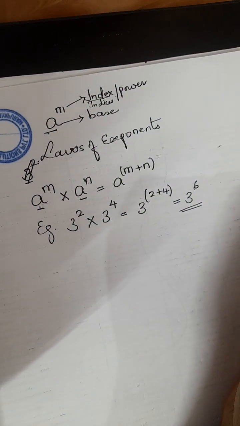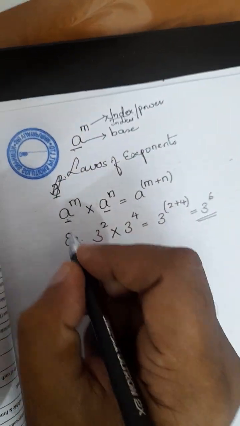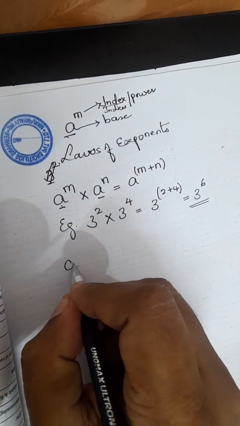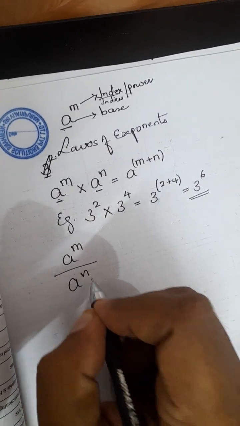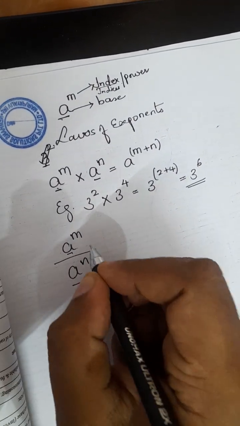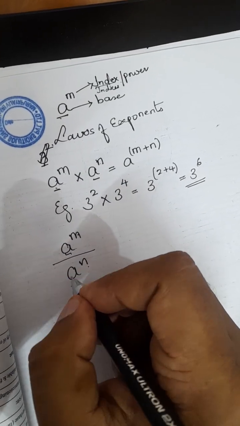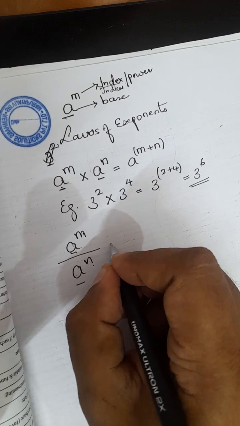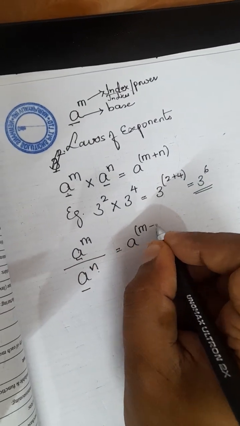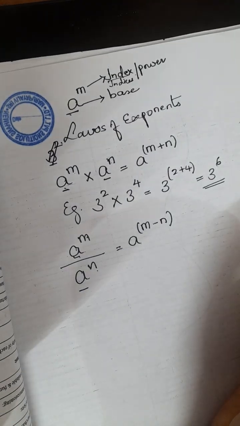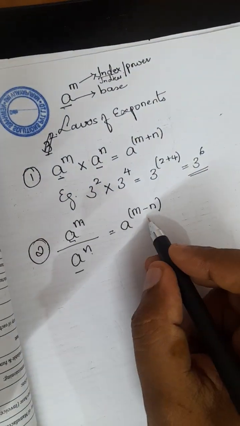Fine. This was multiplication. Then you have a to the power m divided by a to the power n. Again, the bases are the same, indices are different. In this case it is a to the power m minus n. This is rule 2, m minus n.